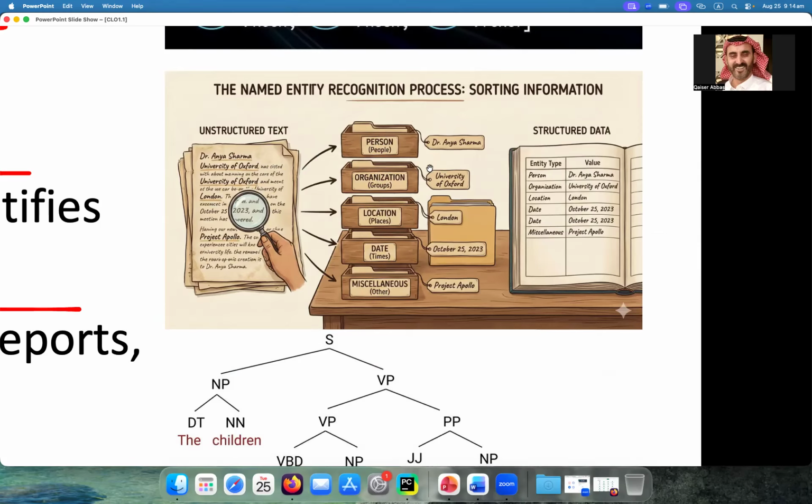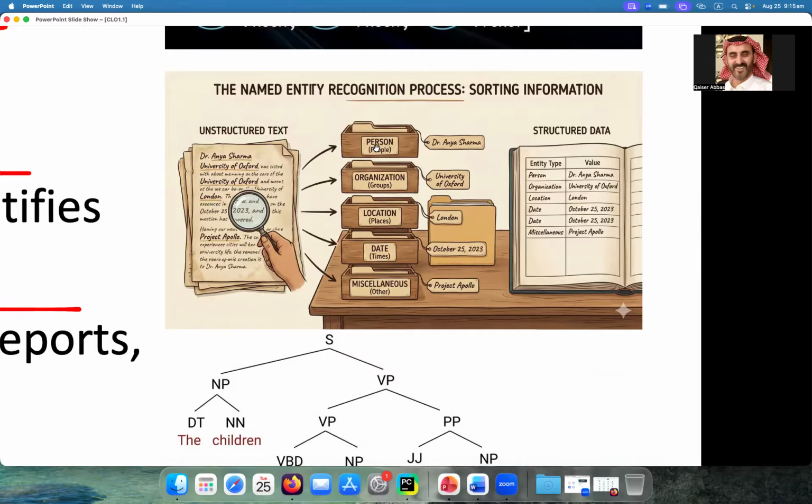For example, Dr. Ania Sharma is a person name; organization, University of Oxford; location, London; date, 25, 2023; and miscellaneous, Project Apollo.